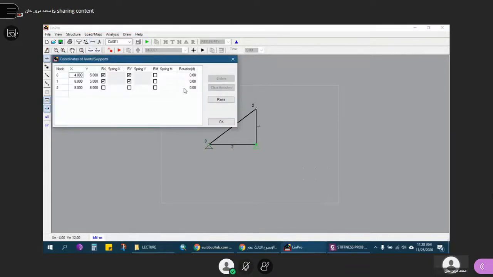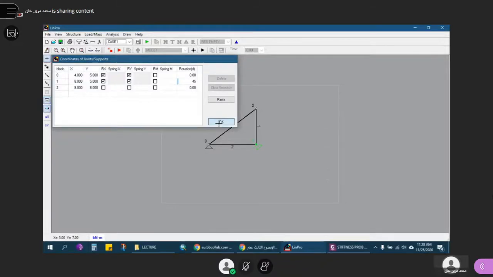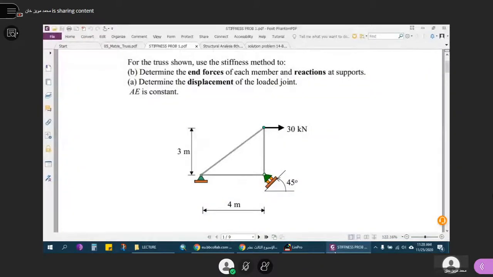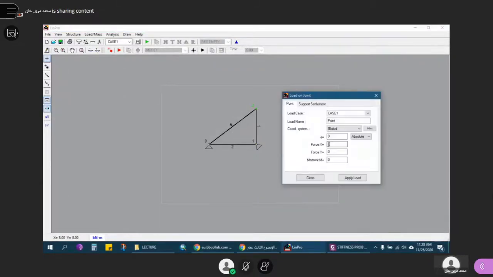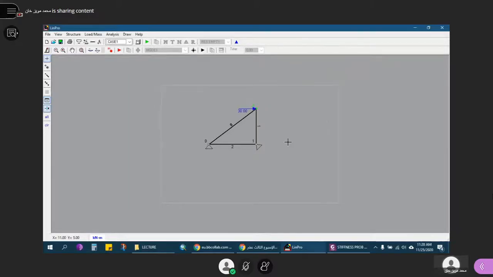Assign an angle of 45 degrees clockwise, so 45 degrees to node 1, 45 degrees. And next I have a load of 30 kilonewton at this point in x direction, positive. Add load 30 kilonewton, apply load.